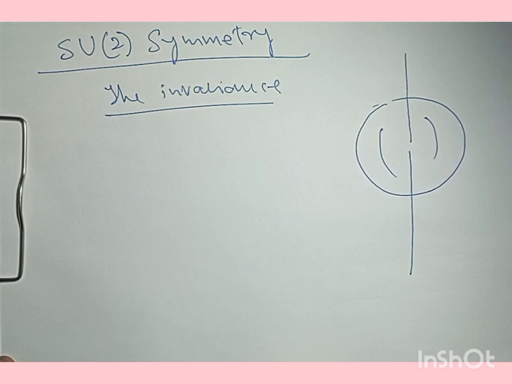So what I am trying to say here is that symmetry is a powerful tool. It's a very strong tool to investigate and to understand the behavior of elementary particles.